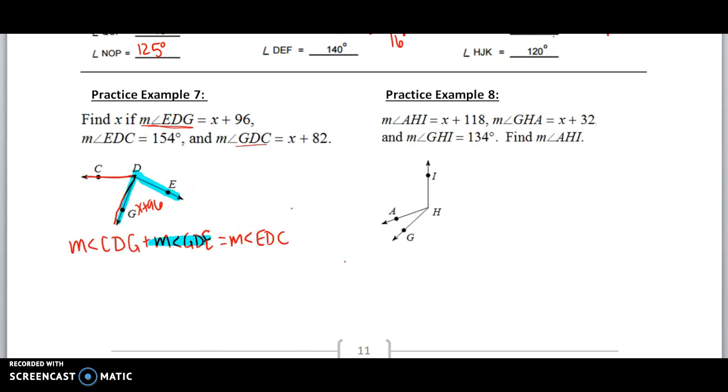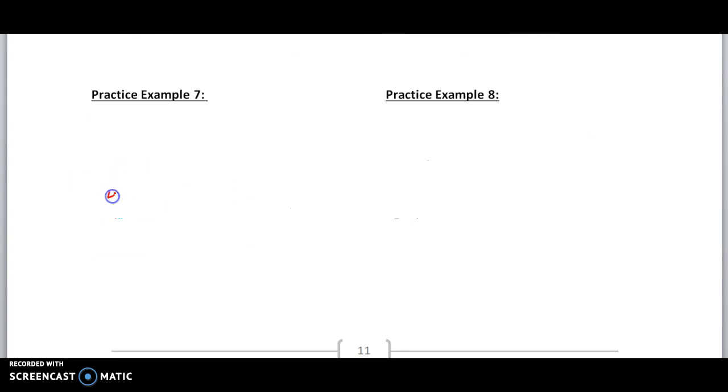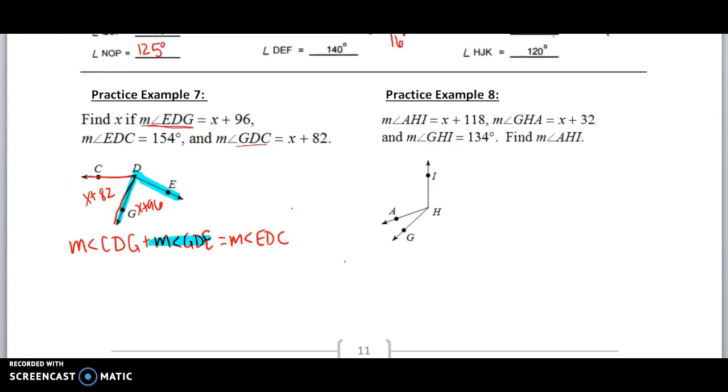Sorry about this going in and out. I don't know why it's glitching on me right now. And then the measure of angle GDC is x plus 82. And then I see the whole thing is this 154. Remember, it's a part plus a part equals the whole thing.